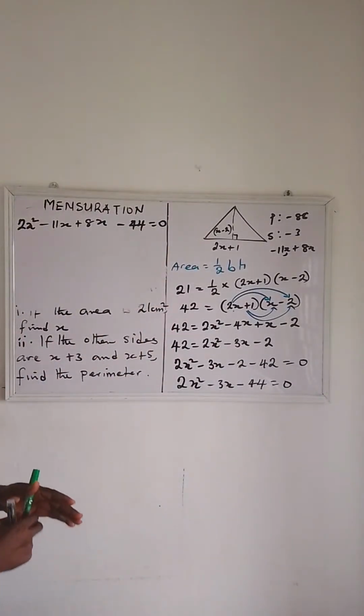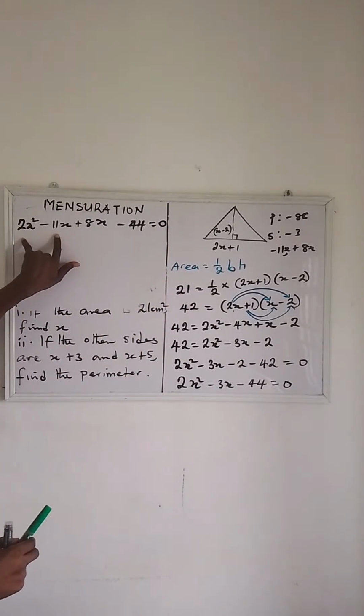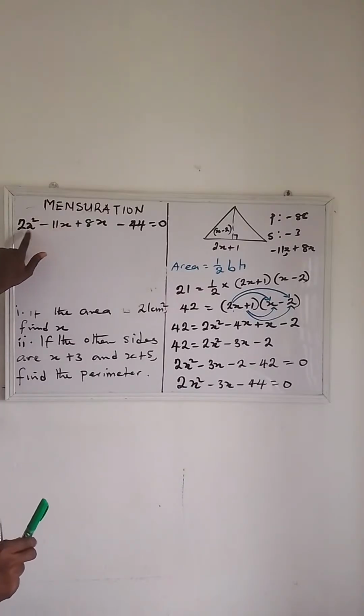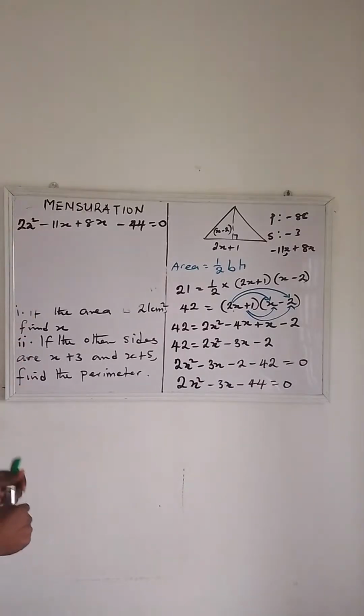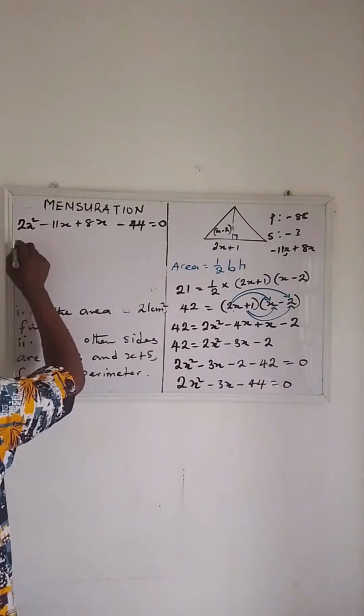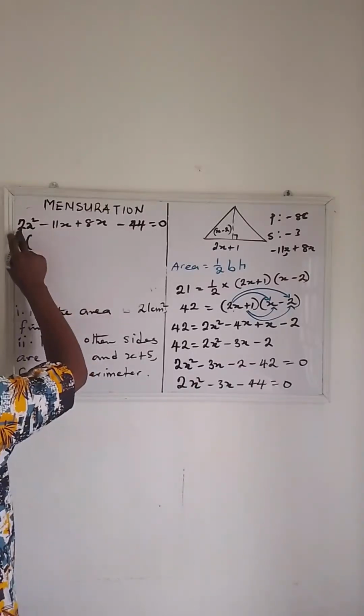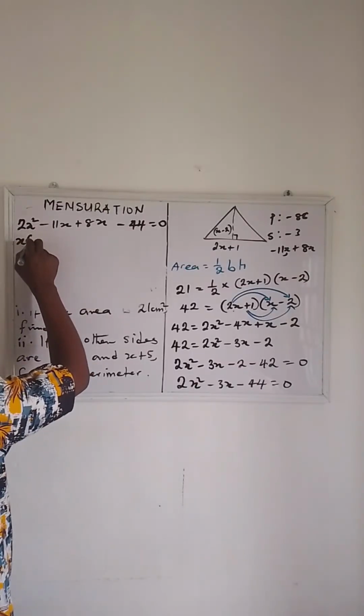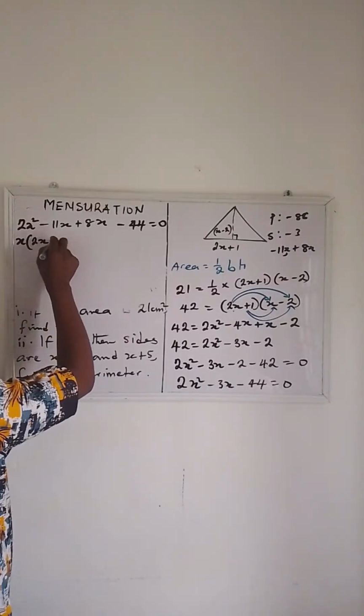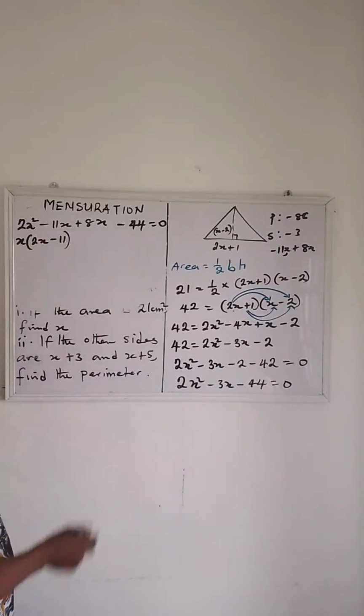So what's the next thing? Let's look at the first pair. Now you look for the GCD, the greatest common divisor. What is the greatest common divisor of these two terms? That is x. When you divide 2x squared by x, you have 2x, and when you divide negative 11x by x, you have negative 11.